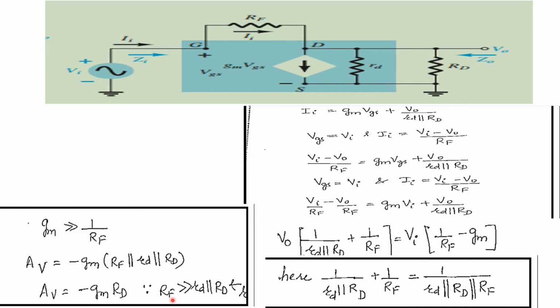Since your feedback resistance is very much greater than the parallel combination of the dynamic resistance and the resistance between the drain and source, and at the same time rd, the dynamic resistance, is greater than the external resistance that we are connecting between the drain and source, AV is equal to minus gm RD.